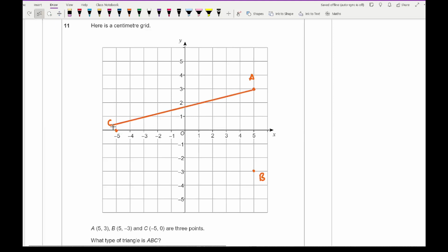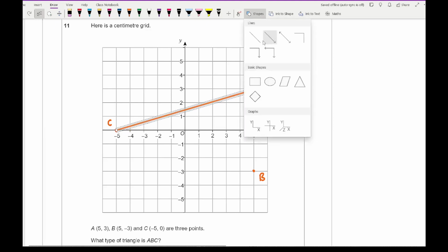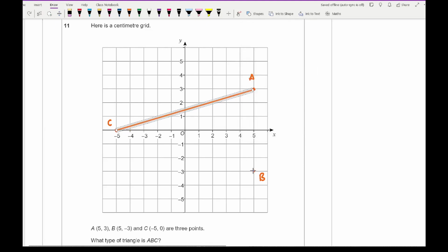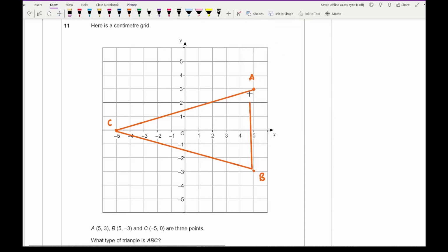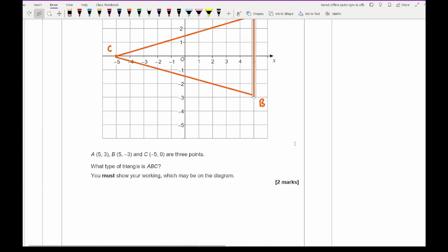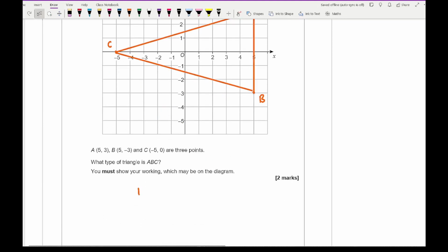And the question is asking us what type of triangle this is going to produce? Well, hopefully you can spot that the lines AC and BC are going to be equal, therefore making this triangle an isosceles triangle, and that's what I just need to write. But you want to make sure that you've plotted the coordinates and you've drawn it, and so we could just write isosceles.